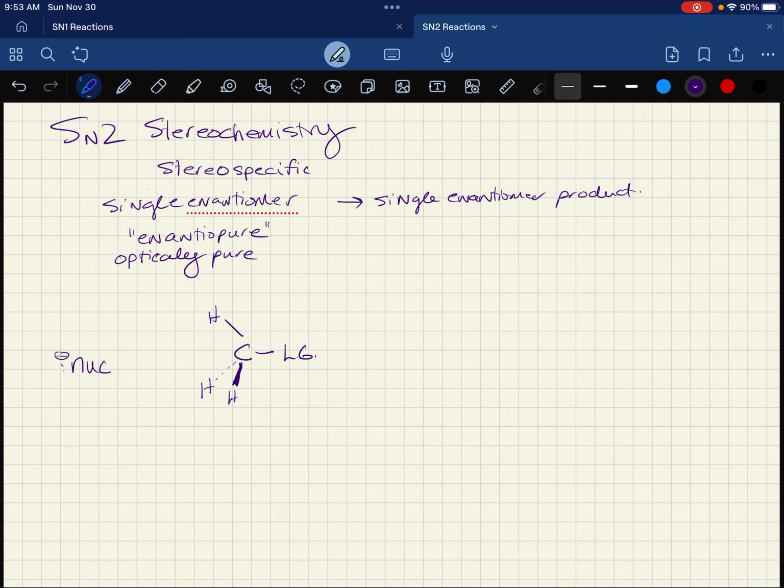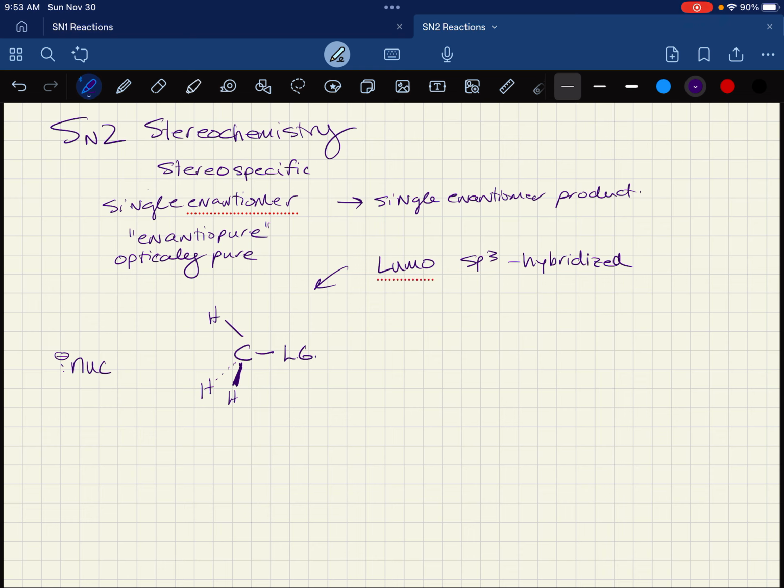If you look in inner chapter C of Cardi, and you look at the SN2 reaction, what you'll see is that the LUMO for this sp3 hybridized, in this case carbon atom, but it could be anything else, will be an antibonding orbital, an sp3 antibonding orbital that's sticking out opposite side of the leaving group.